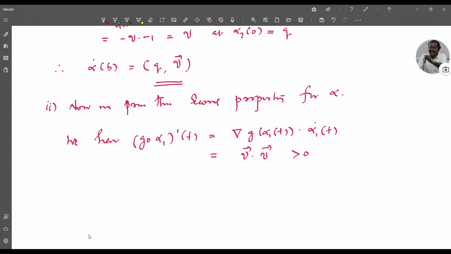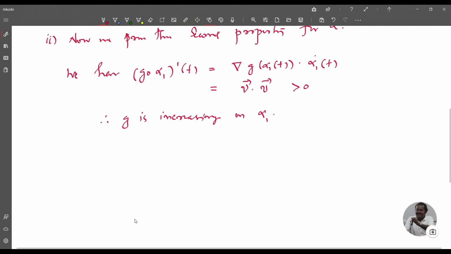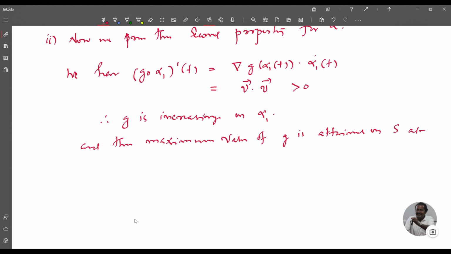Therefore, g is increasing on alpha 1. And the maximum value of g is attained on S at P equal to alpha 1 of 0. This you know.